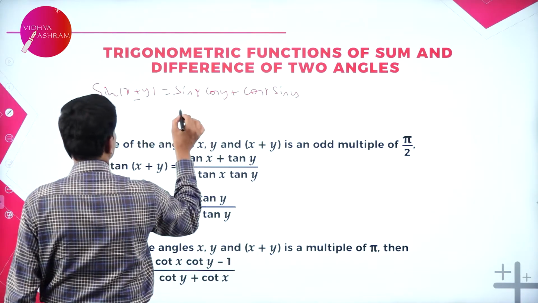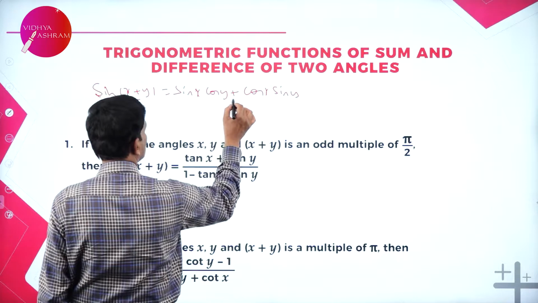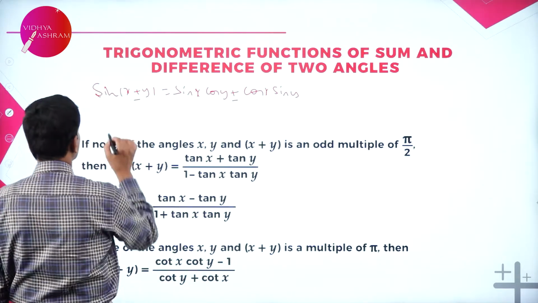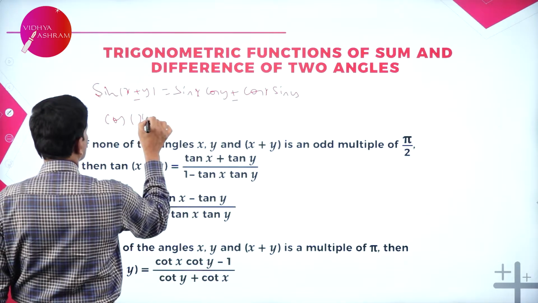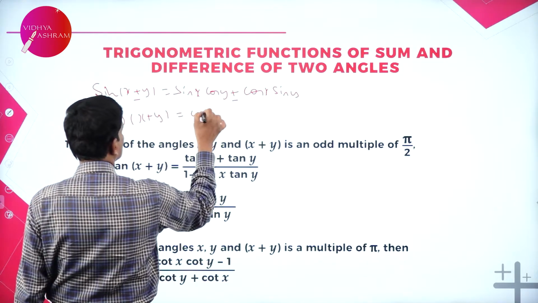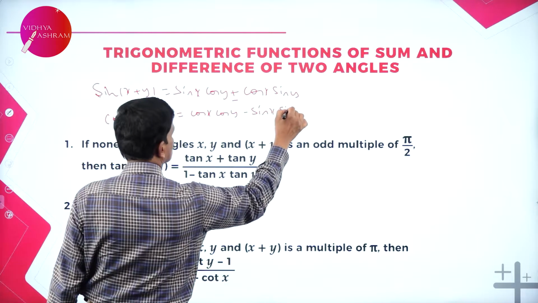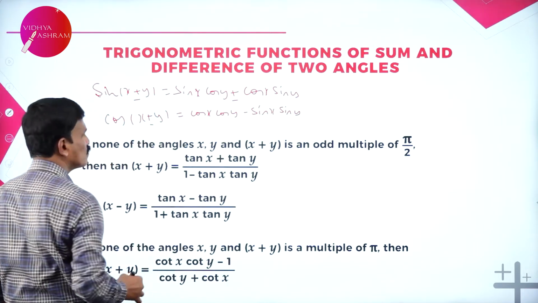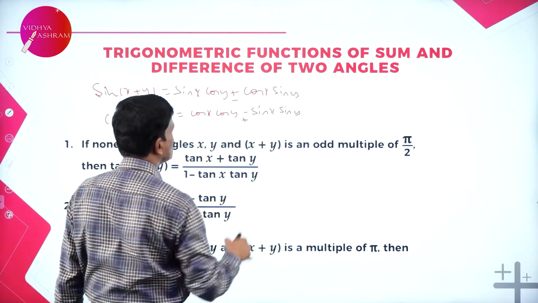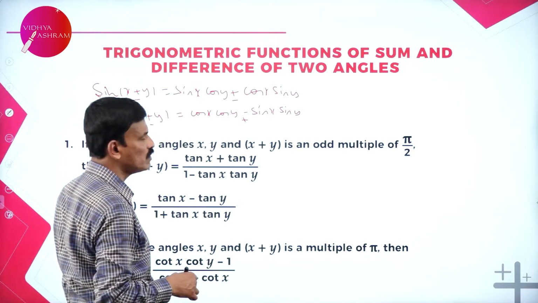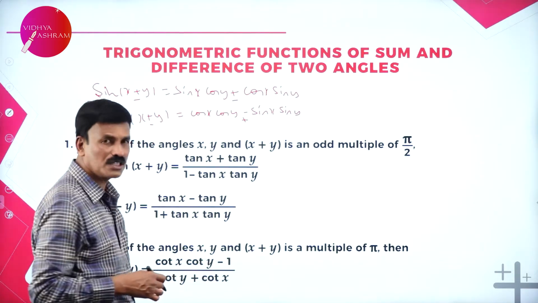Similarly sin x minus y is equal to sin x cos y minus cos x sin y, and cos x plus y is equal to cos x cos y minus sin x sin y, and cos x minus y is cos x cos y plus sin x sin y. So these are the formulas, identities we have derived in the previous class.